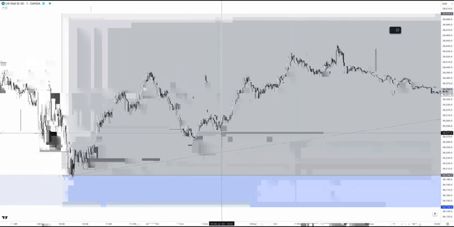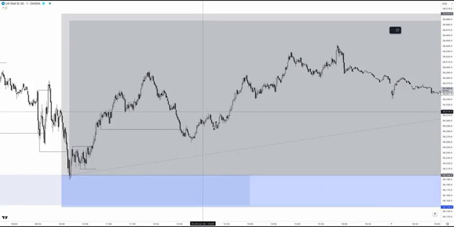Probably sneak in a little trade right here. Your BOS traps buyers, and then this being your liquidity block.